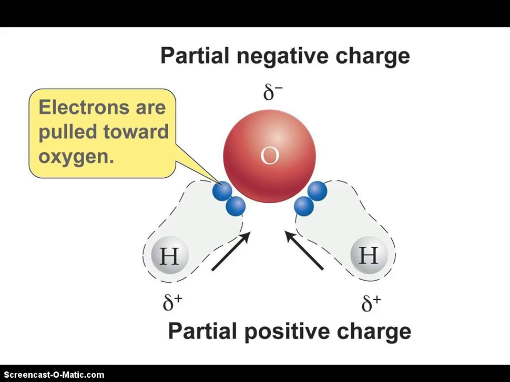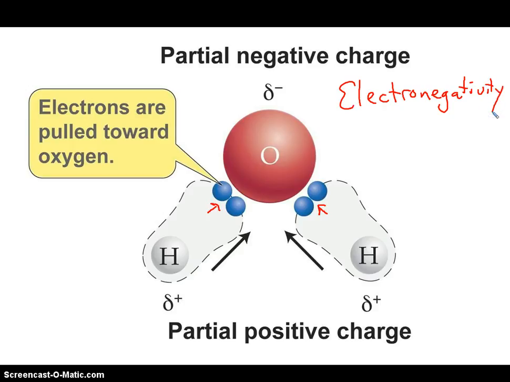So here's what we mean about water being a polar molecule. If you look at the blue electrons right here and here, those are being shared between the oxygen and the hydrogen, but because the oxygen has a higher electronegativity, it's going to hog the electrons, if you will.